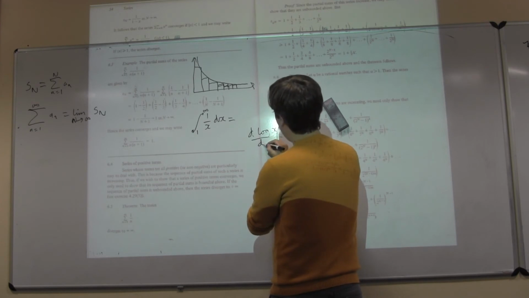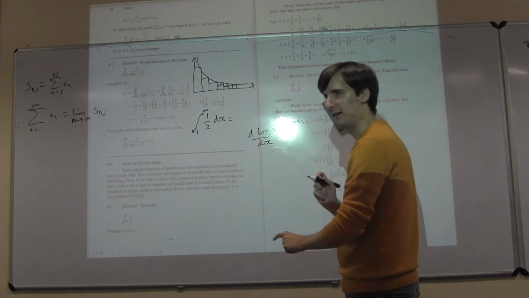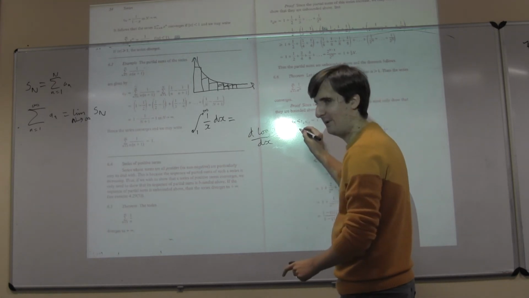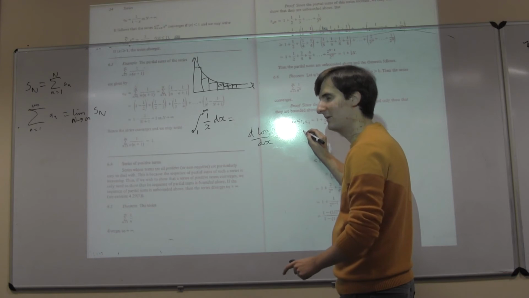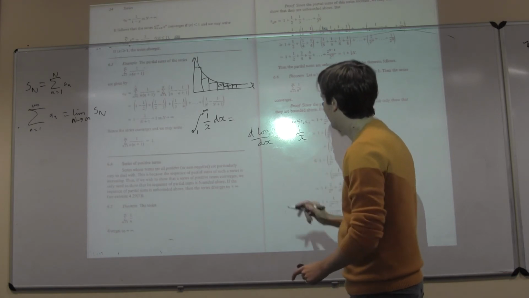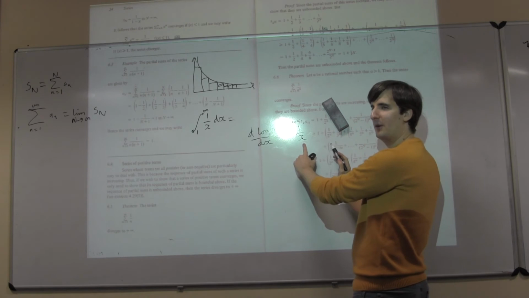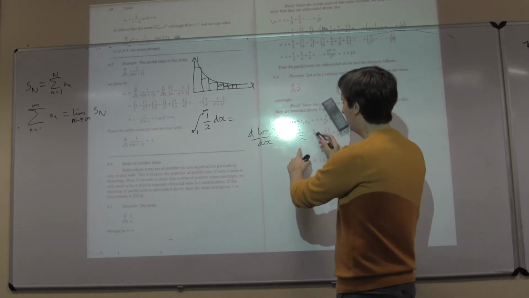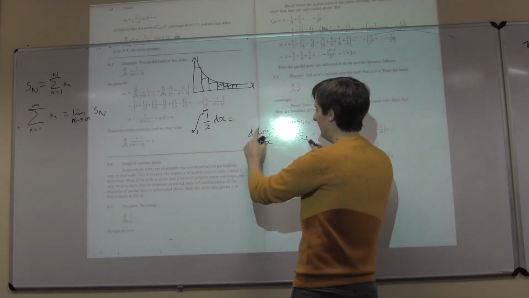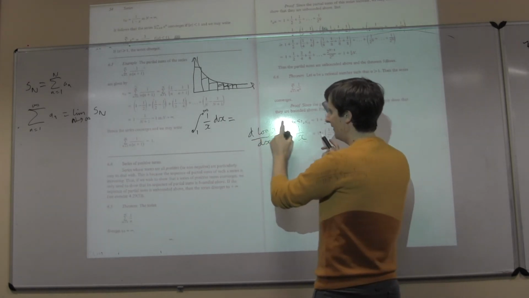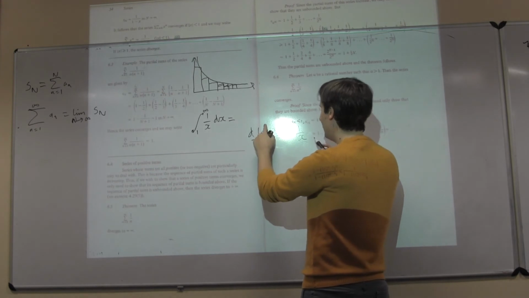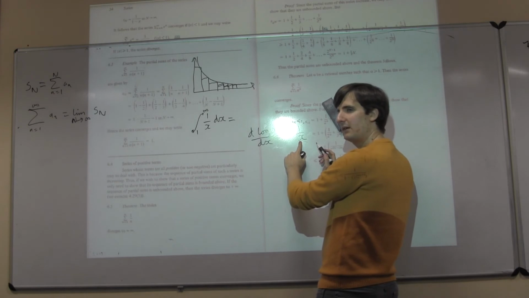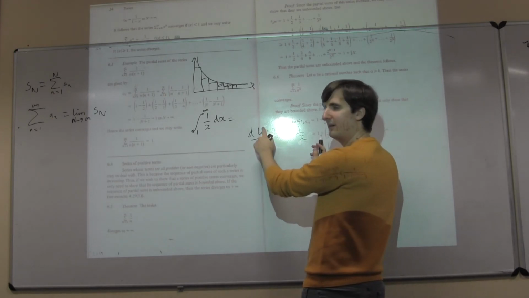The derivative of log x, do you remember what the derivative of log x is? It would probably be useful to remind yourself of some derivatives. So the derivative of log x with respect to x is 1 over x. So if when you differentiate log x you get 1 over x, when you integrate 1 over x you must get log x.